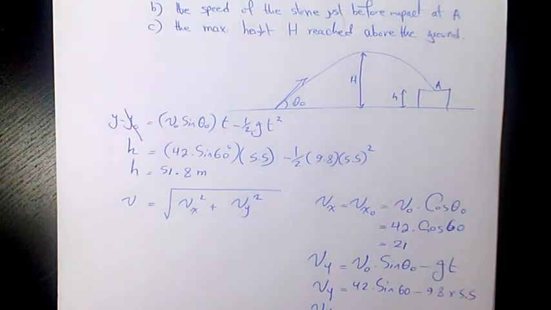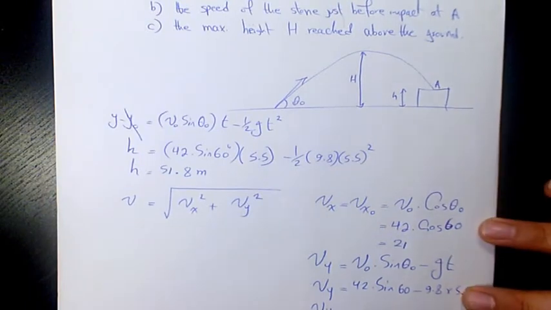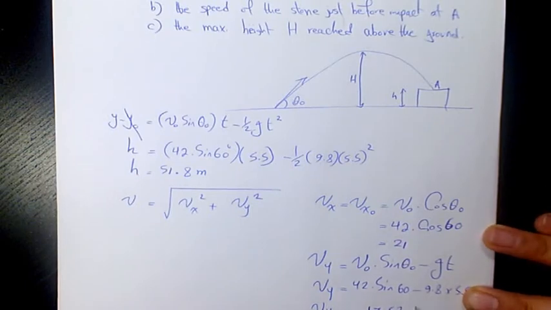We can say 42 times sine 60 minus 9.8 times 5.5. That will make it negative 17.53 meters per second.